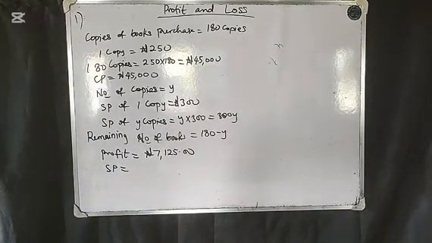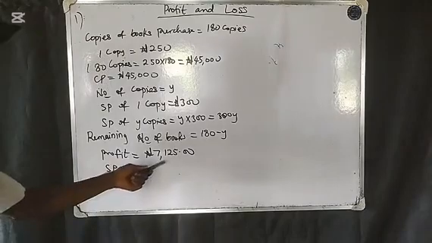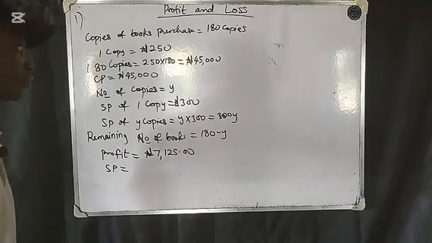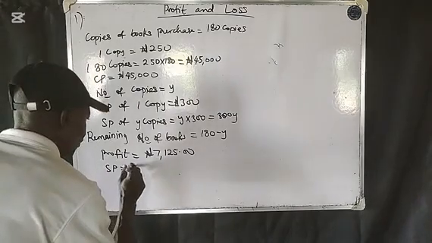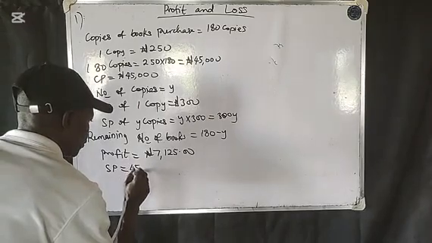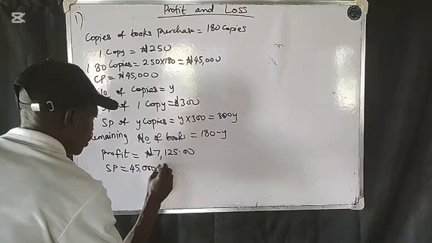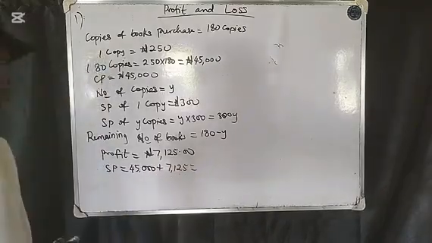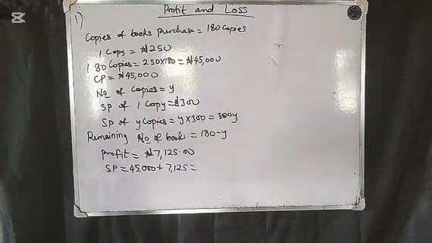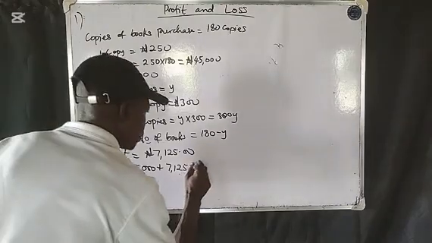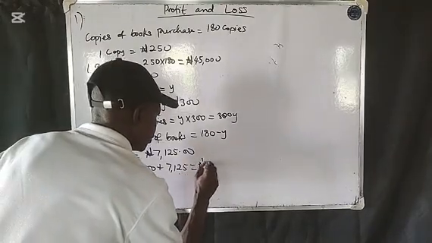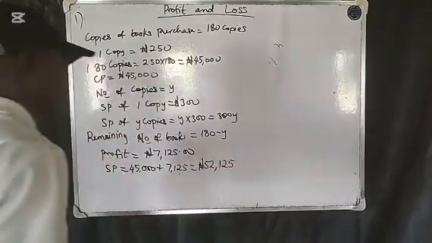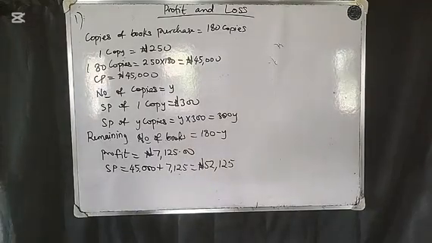If we made a profit of this, and this is the cost price, selling price is equal to 45,000 plus 7,125, and that will give us 52,125. That's the selling price, right?